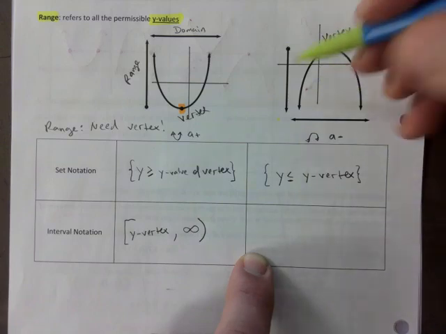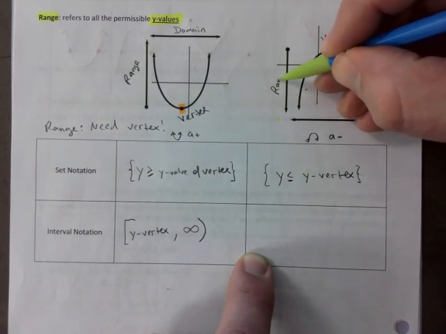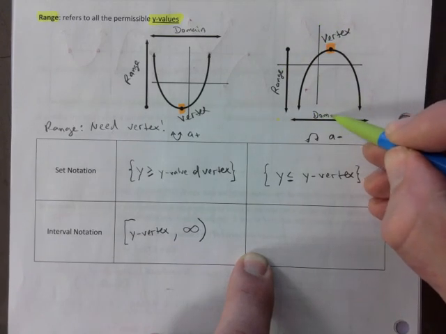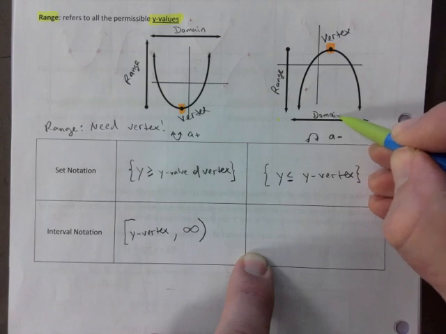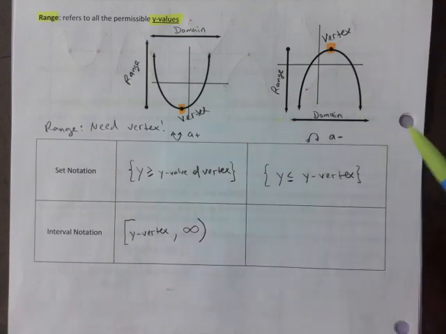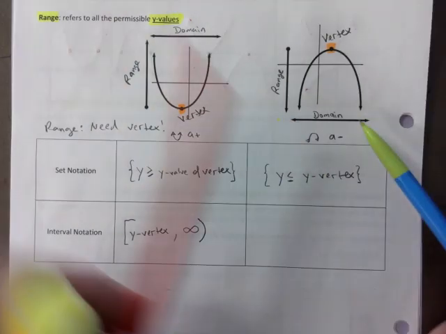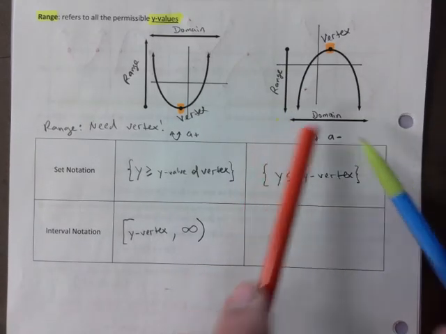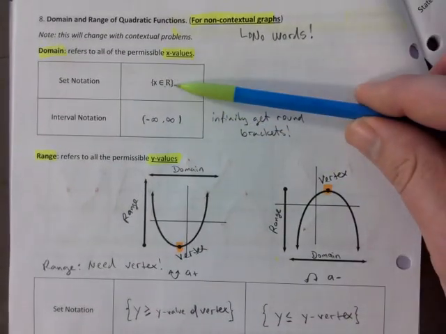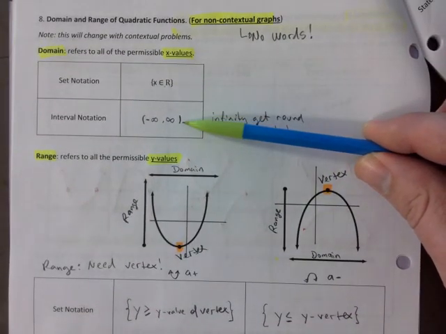Again, if you want to go up here, this is your range, and this is the domain. The domain keeps on opening indefinitely. I hope you understand that. This thing opens indefinitely. That's why the domain never ends. It's just all real numbers. We did that up here. It goes from negative infinity to positive infinity.